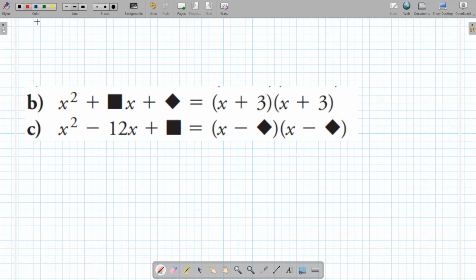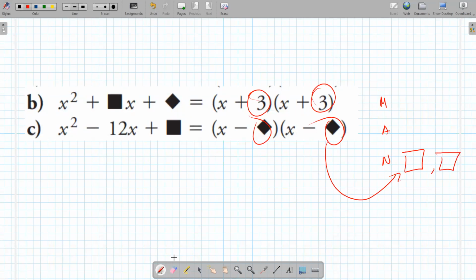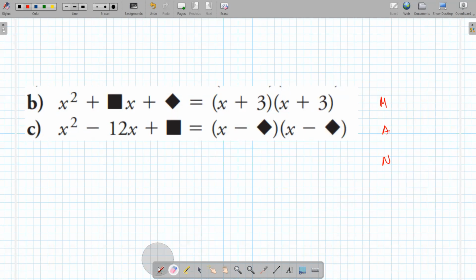Notice how they've already factored it for you. I'll give you a hint. These numbers here are these two numbers. Those are the numbers that you look at the B value and the C value, what they add up to, what they multiply to, and those are the two numbers.